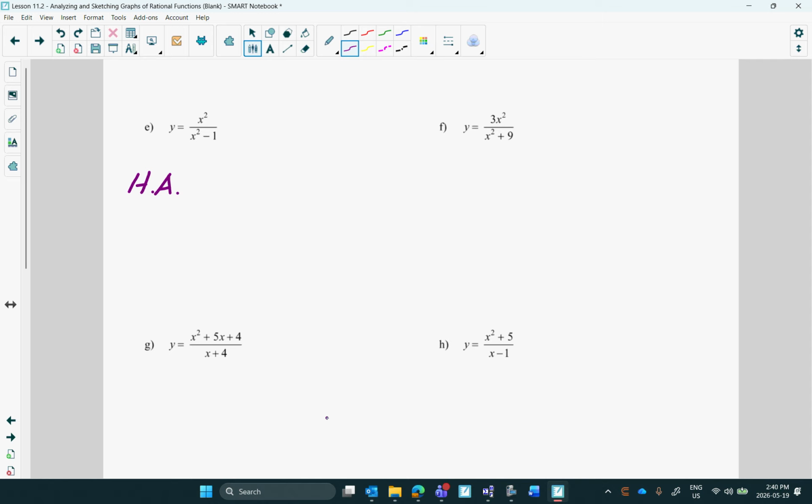Yeah, and the denominator. I should have written this on the last one: because degree of numerator equals degree of denominator, we divide. Y will equal the number in front of the x squared up top over the number in front of the x squared on the bottom. Y equals 1.